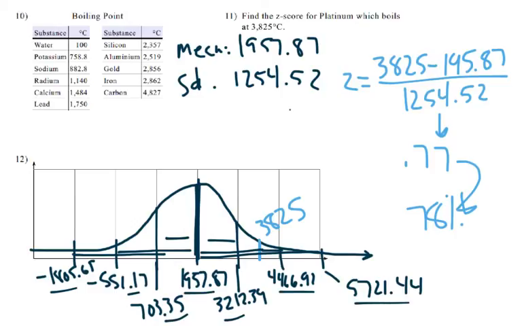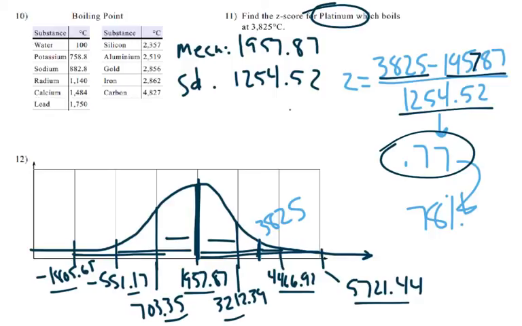Now, if we wanted to find where platinum sits in that boiling point, we did 3825. We took that minus the mean, divided by the standard deviation, got 0.77. Looked at our chart, that's basically 78%.